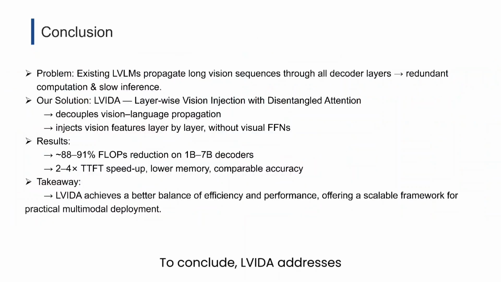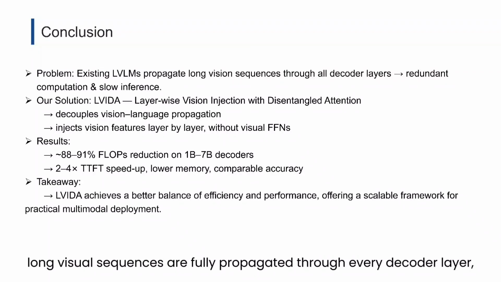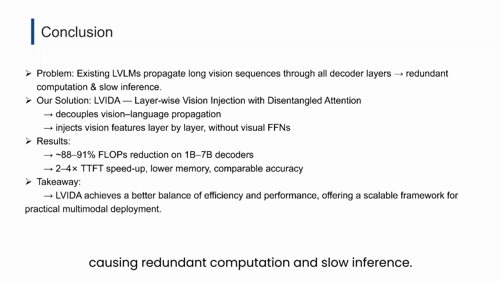To conclude, LVIDA addresses the core inefficiency of current vision language models. In traditional LVLMs, long visual sequences are fully propagated through every decoder layer, causing redundant computation and slow inference.